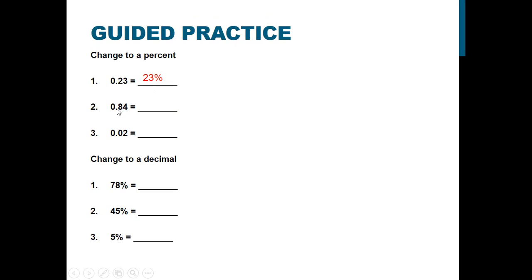Same thing with number 2, 2 places to the right, 0.84 becomes 84%. And with number 3 right here, I go over 2 places to the right, and so it becomes 2%. There's no need for any of these leading zeros to be present in your percent.